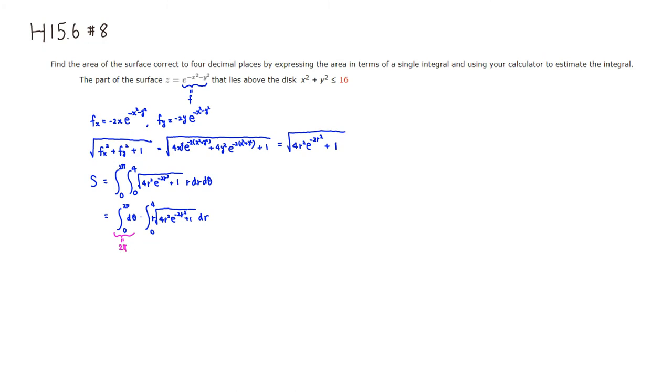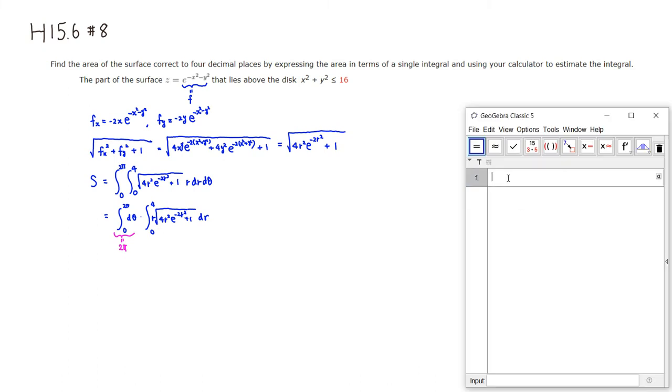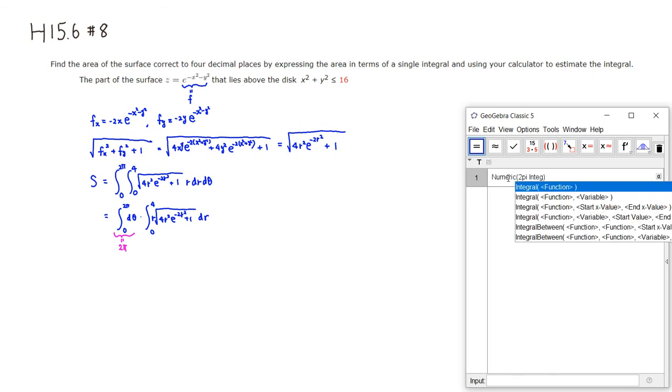So let's open up GeoGebra. We need to get the decimal value, so I'm going to say numeric first, and then we're going to do 2 pi times the integral.